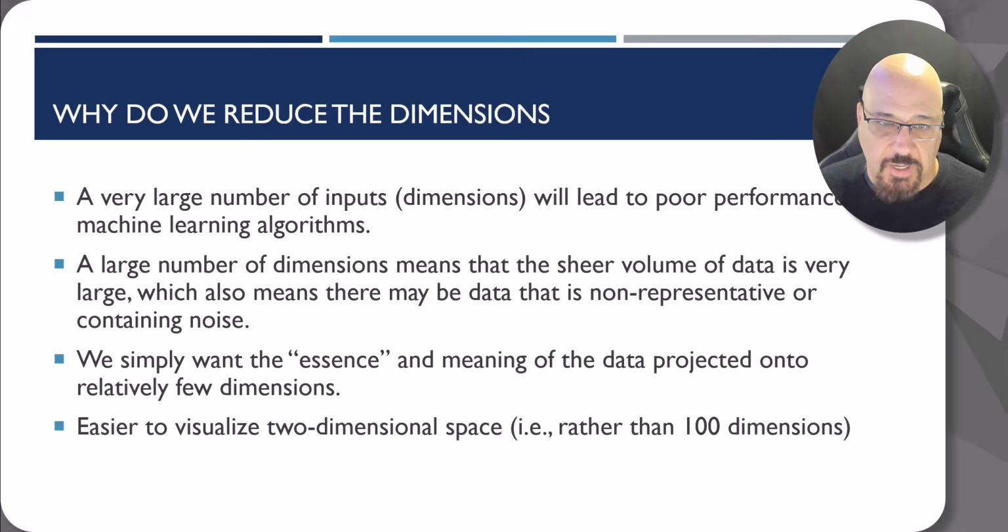We want to eliminate noise. Furthermore, we simply want the essence and meaning of the data projected onto as few dimensions as we can get. And finally, it's also much easier to visualize data in two-dimensional space, XY axis, rather than 100 dimensions.